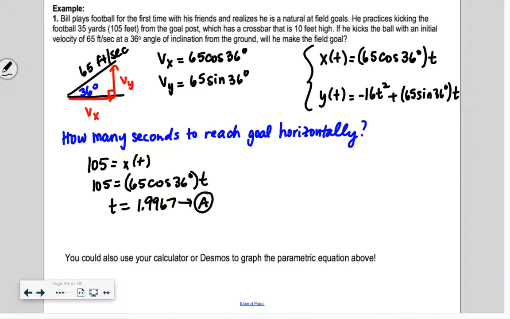All right, now if I'm trying to figure out if he made this field goal, I want to know how high the ball is after that long, right? Because that's where it is horizontally at that time. I said, oh, at 105 feet horizontally, it took this long to get there. So how do I figure out how high it is?